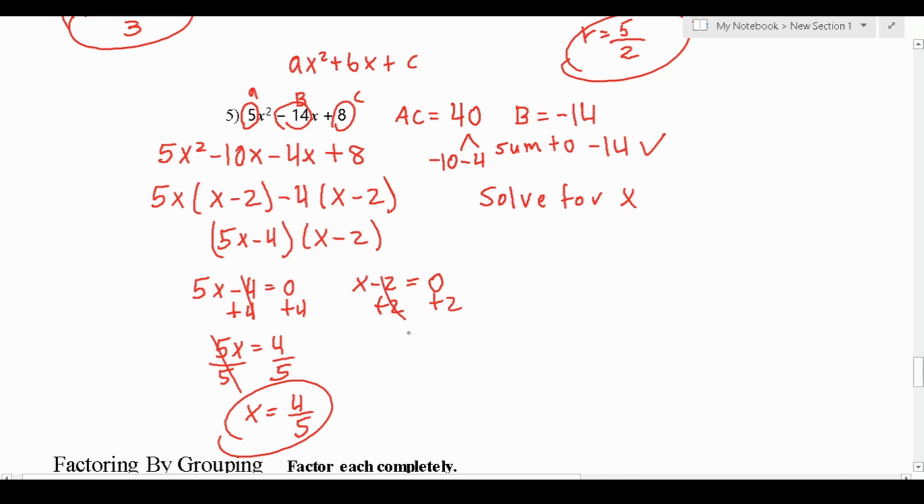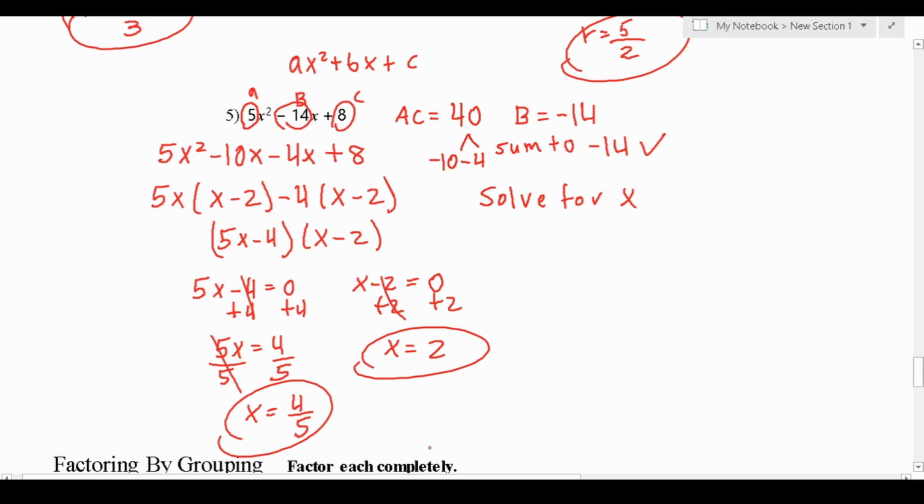Negative 2 plus 2 is nothing, and that's going to leave you with x equals 0 plus 2, which is 2. So as you can see, using the Australian method, we were able to solve for x. More specifically, we can tell that this quadratic equation has two real solutions, notably 4/5 and 2.